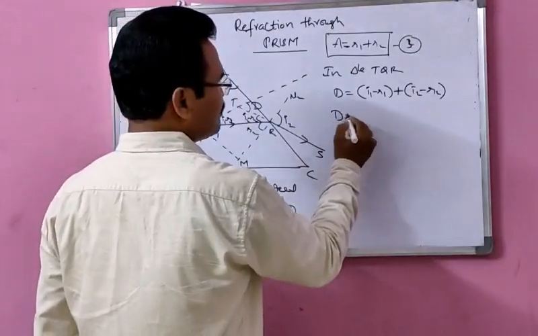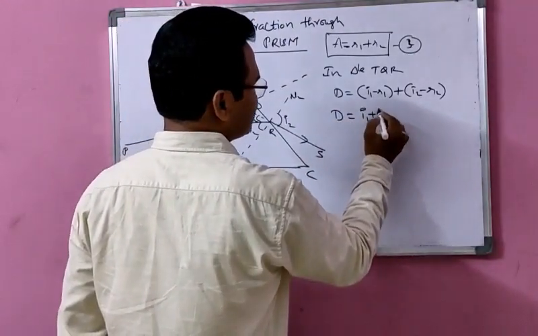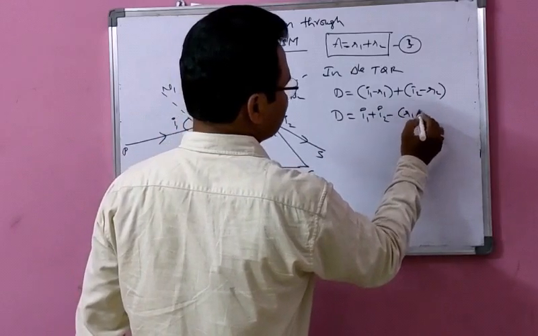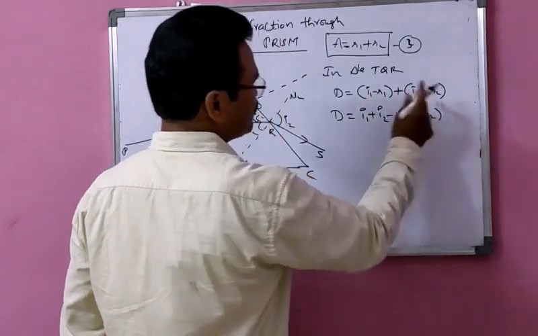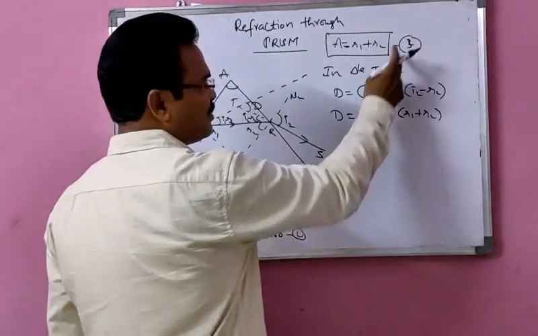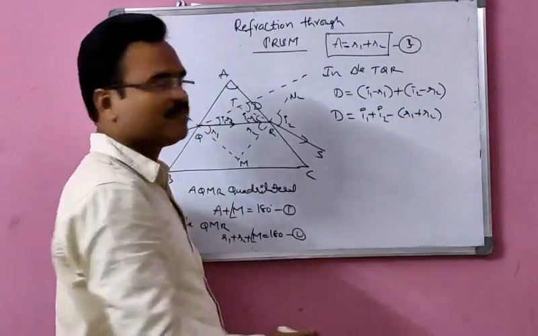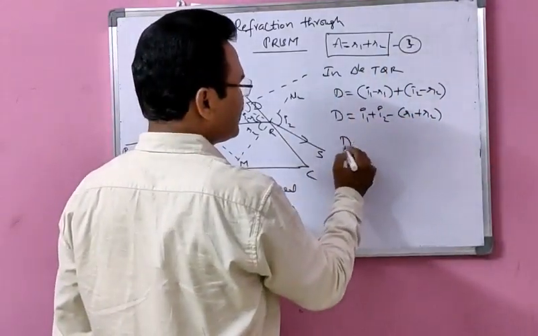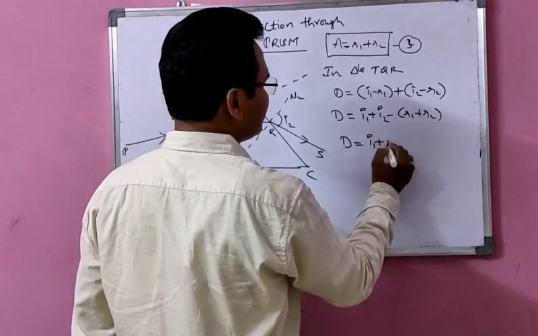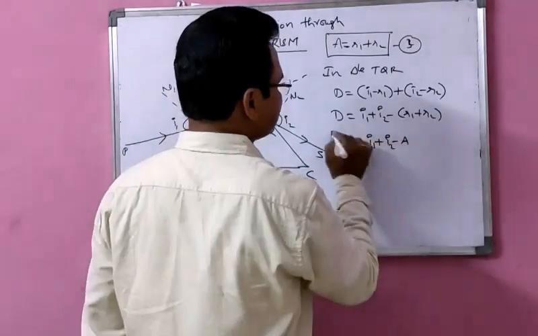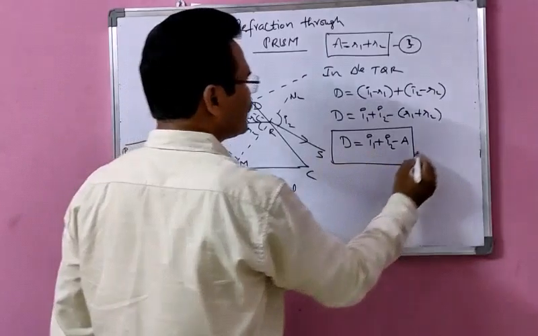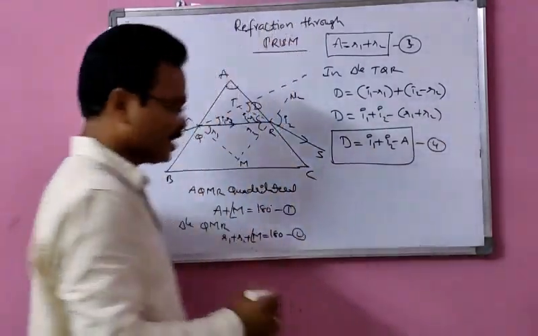Now rearranging, I get I1 plus I2 minus of R1 plus R2, because both are minus. But from equation 3, R1 plus R2 is A. So I can write D equal to I1 plus I2 minus A. This is equation number 4.